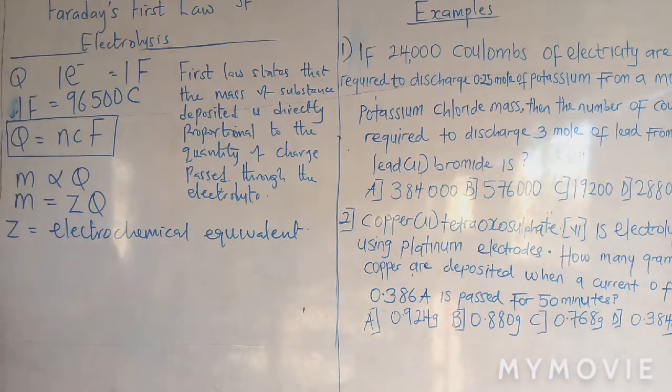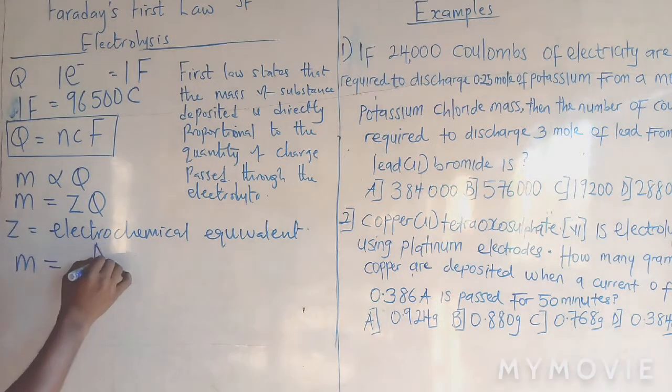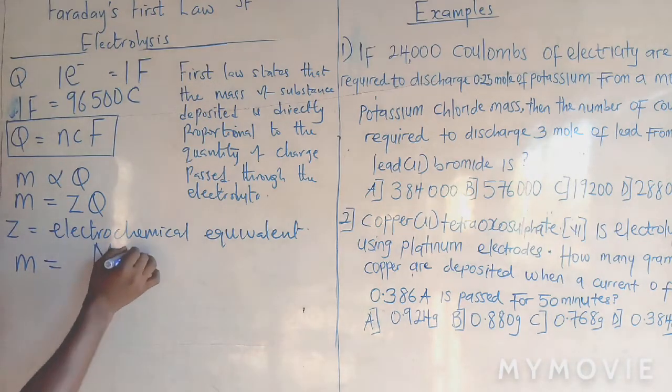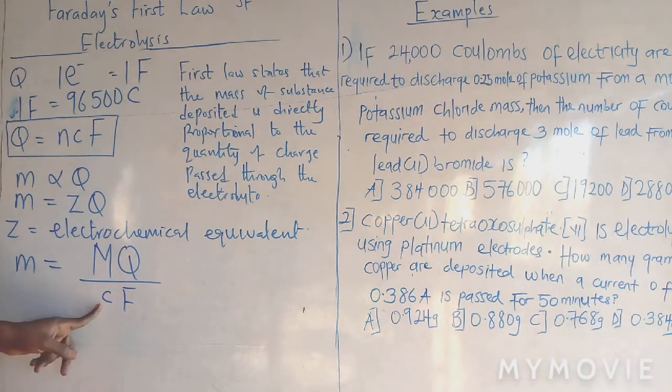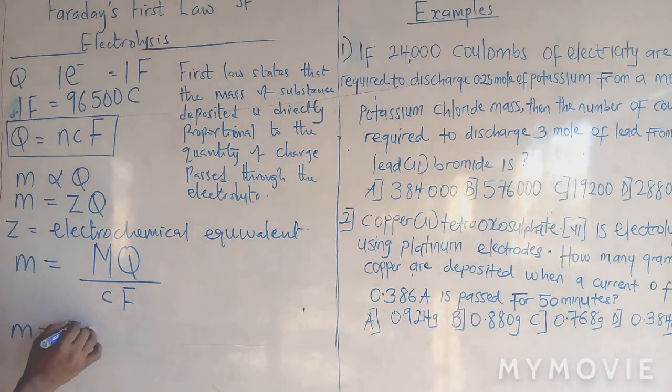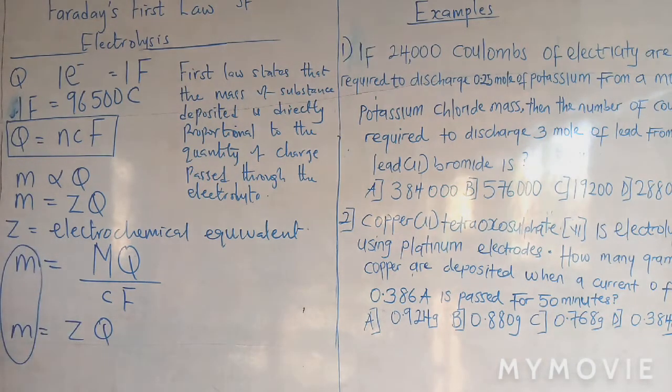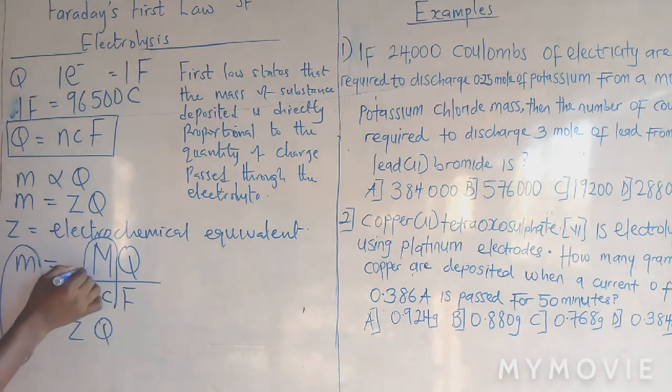Further investigation showed that the mass of that substance is equal to the molar mass of that substance multiplied by Q over CF, where C is the charge on the cation. If we compare this formula to mass is equal to ZQ, we will notice that this corresponds to this, and this also corresponds to this.